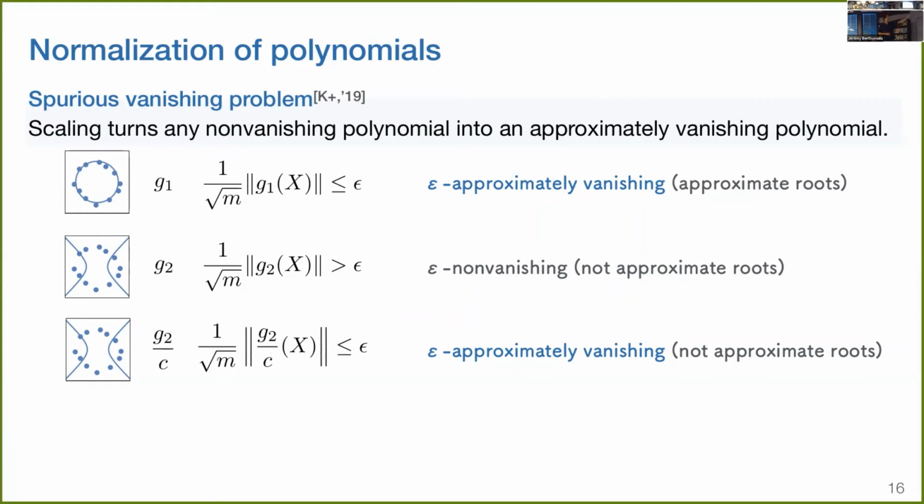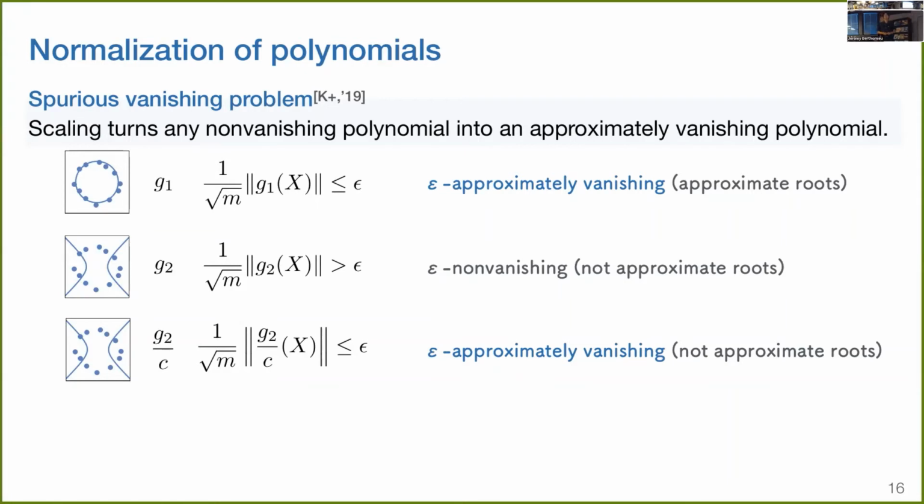For example, at the top row, you can see polynomial G1, whose zero set is like a circle, approximately passing through the samples, the blue dots. So this is an approximately vanishing polynomial, which is what we expect. In the second row, you can see G2, whose zero set does not pass through the samples at all.